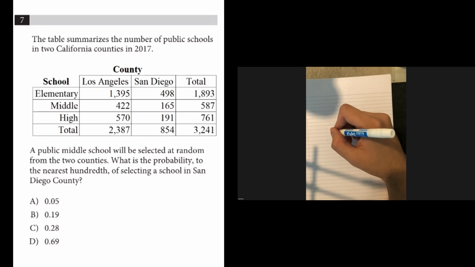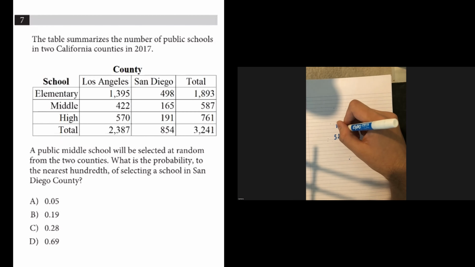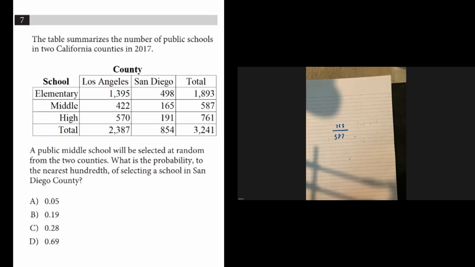Their total is 587. And the probability of selecting one in San Diego County is 165. You just do these two proportions, so 165 over 587, which we can just put into the calculator.